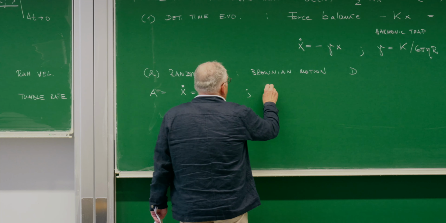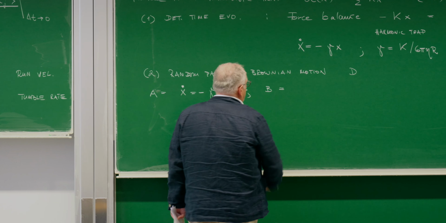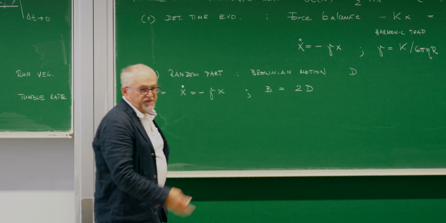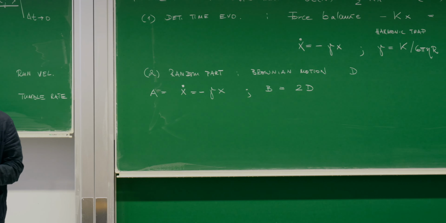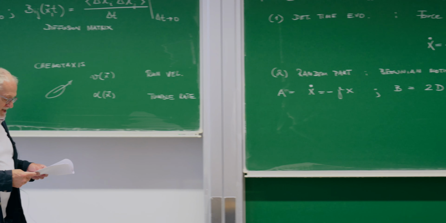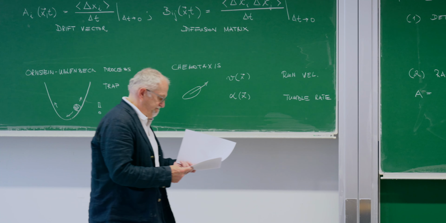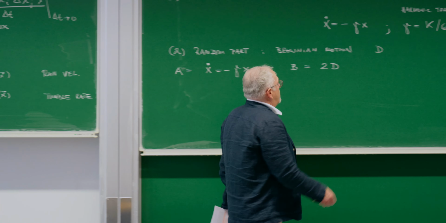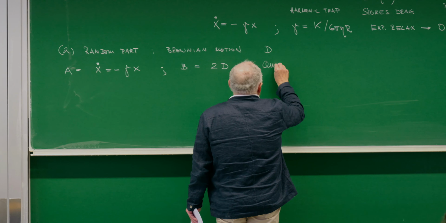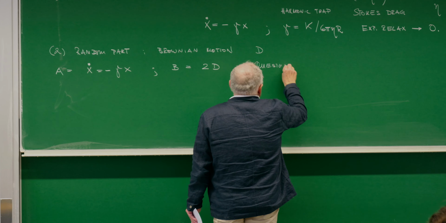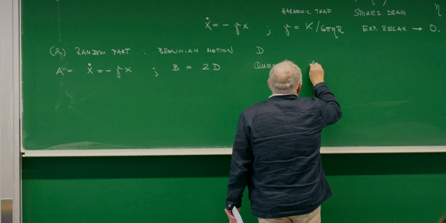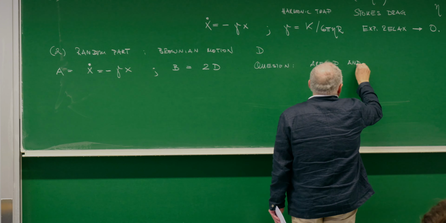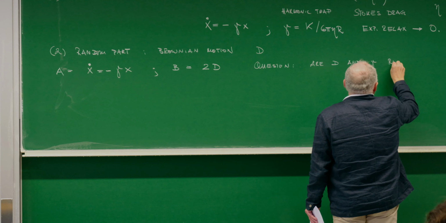For the second coefficient in the Fokker-Planck equation, I just assume that I have, on top of this deterministic part, Brownian motion with a coefficient D. A question you can ask yourself, and we will answer this: are D and gamma related?